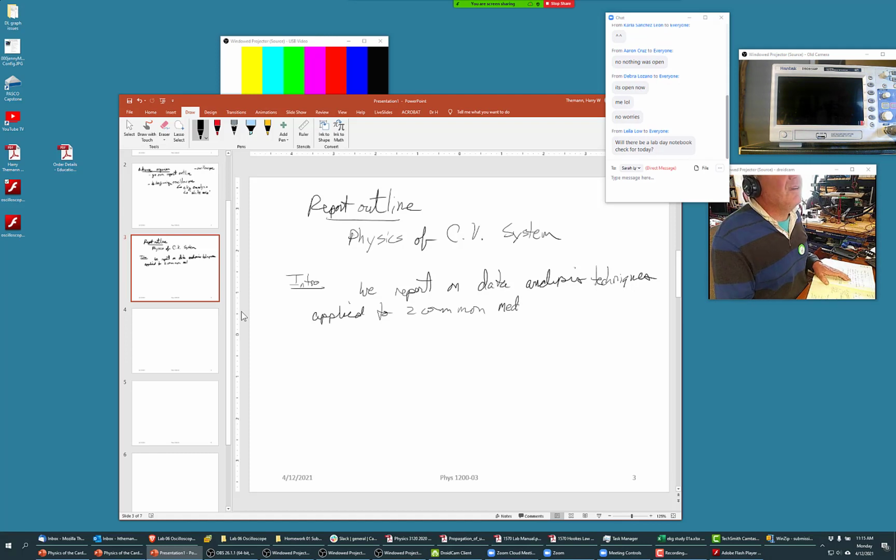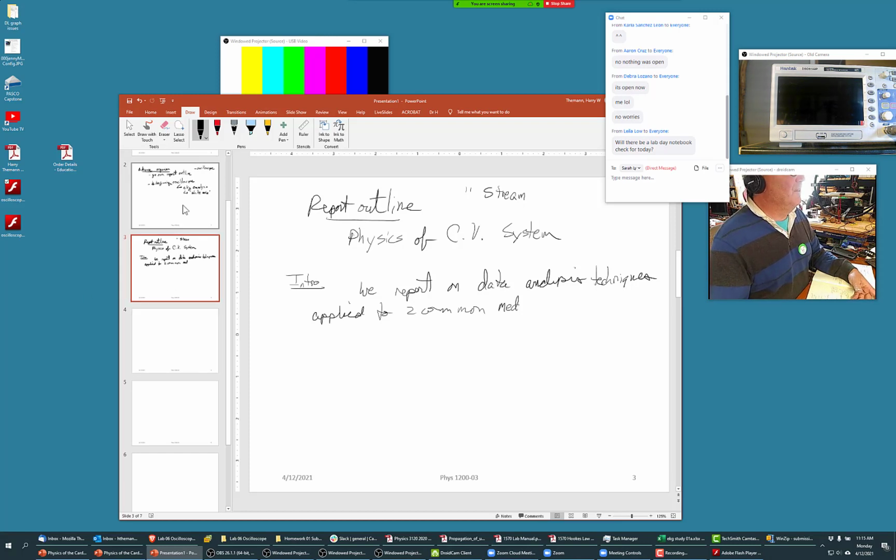Will there be a lab notebook? Just lab day, Layla. So, you should be writing down notes to you. What I want to see is the stream of consciousness. Remember we talked about that last week? So for a lab day, I don't expect a lot of organization. We didn't really have a pre-lab today, so I wouldn't expect to see a title, objective, and background.